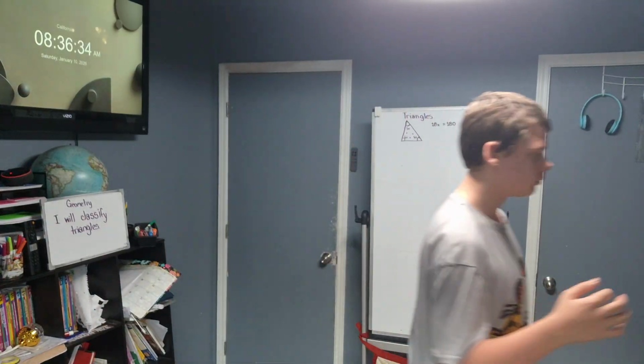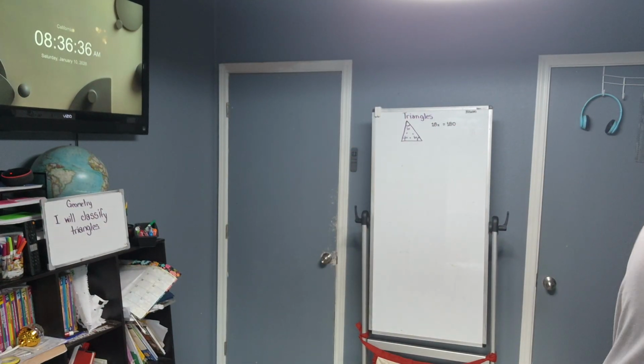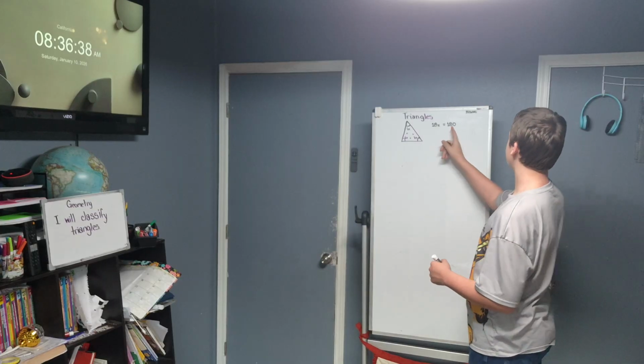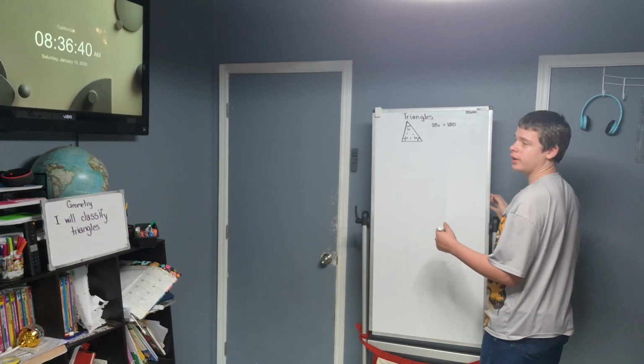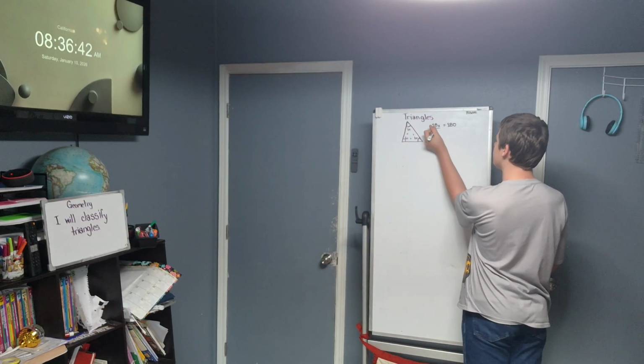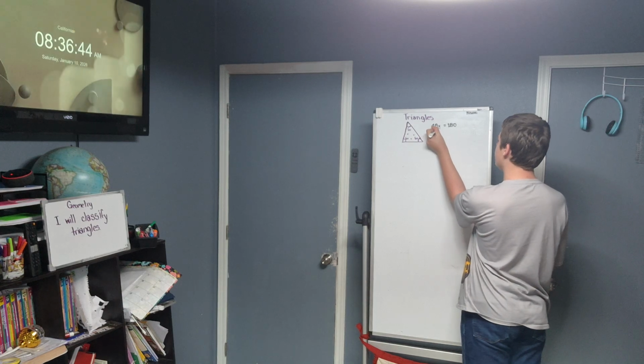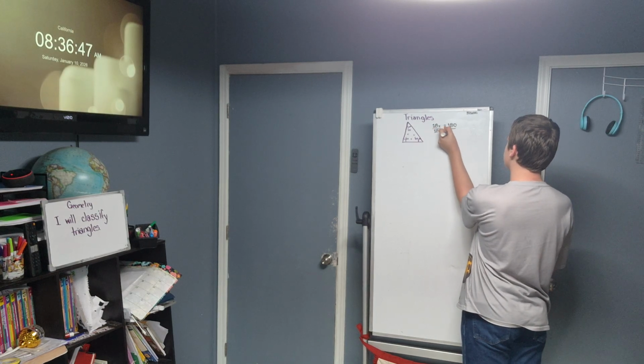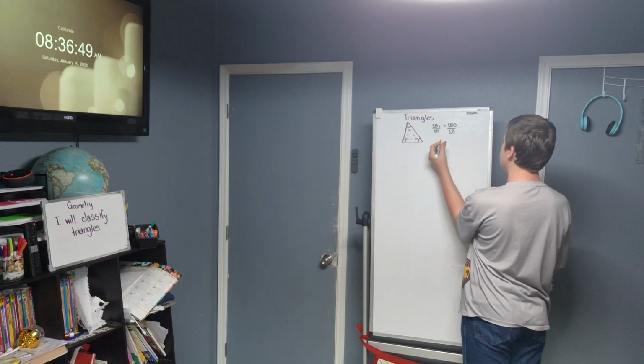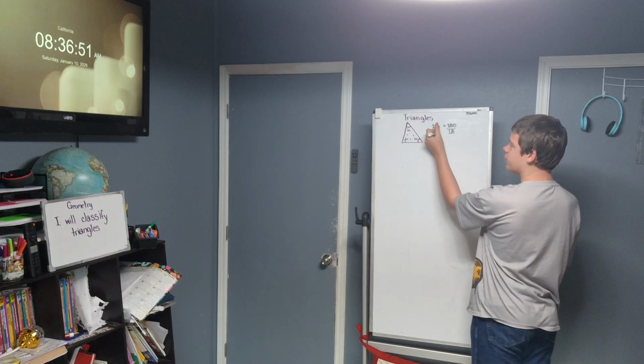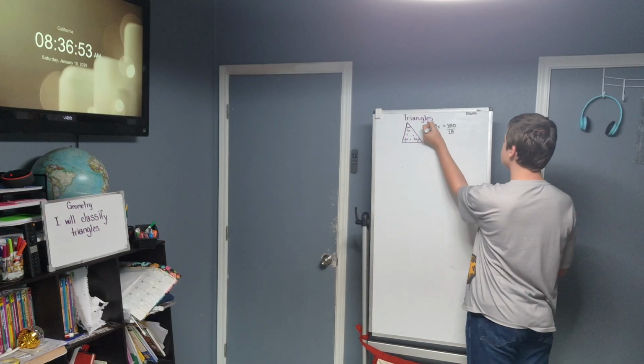Okay. So, we have 18x equals 180. So, we need to divide by 10. No, not by 10, by 18. These two cancel out.